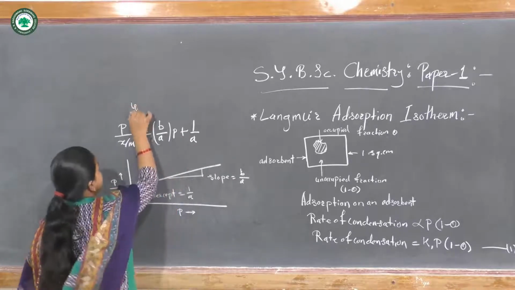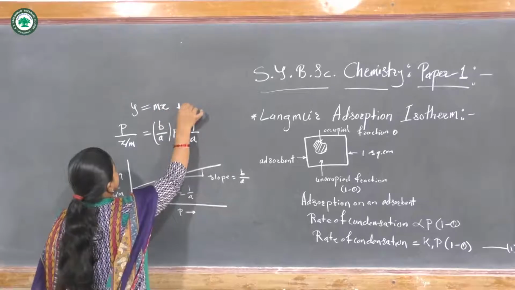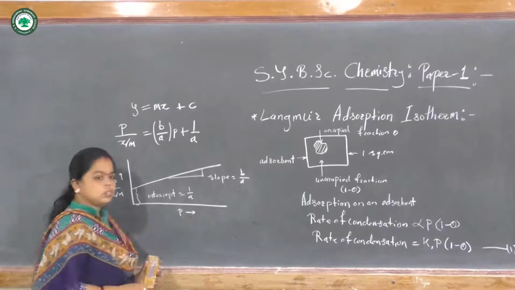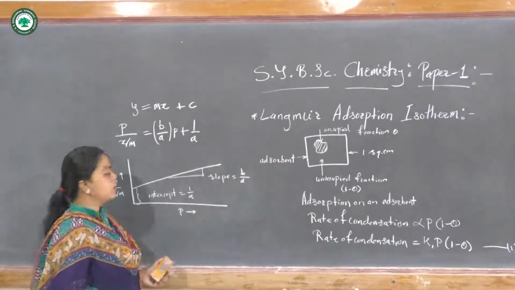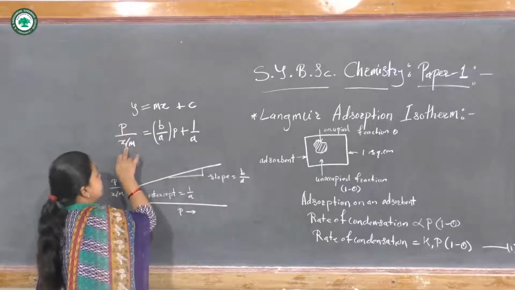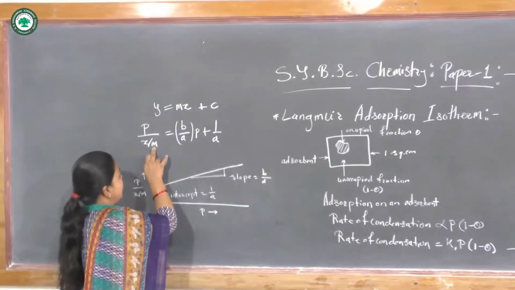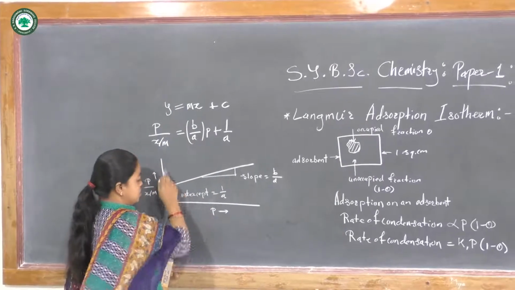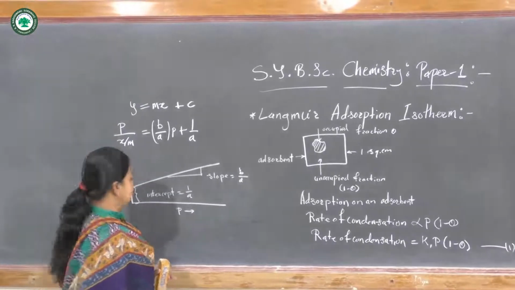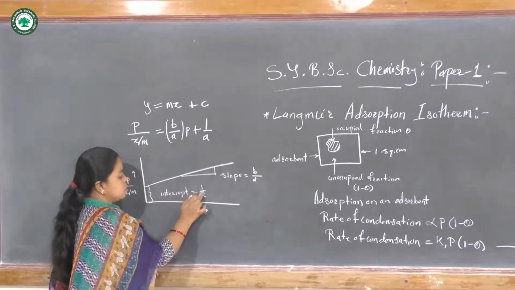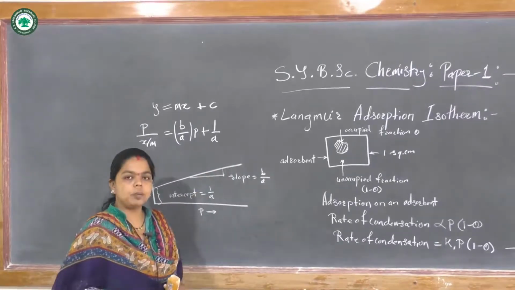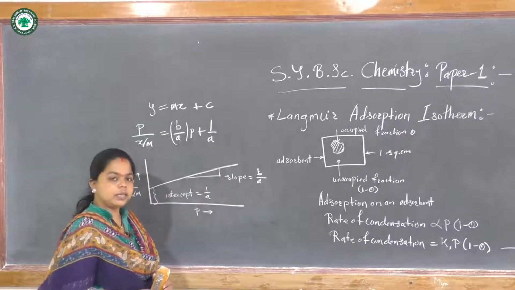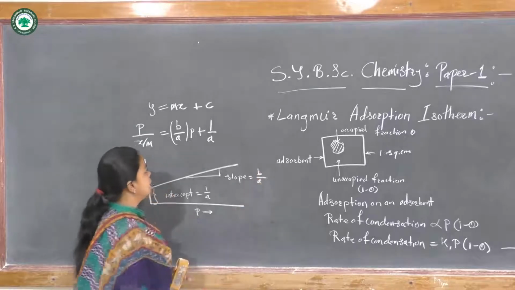Now this equation is similar to the equation of a straight line, y equals mx plus c. Using this equation we can plot the graph of P divided by x/m versus P, where P is the pressure. From this graph we get the intercept equal to 1 upon a, and if we draw the slope at any point on this straight line, we get the slope equal to b upon a.